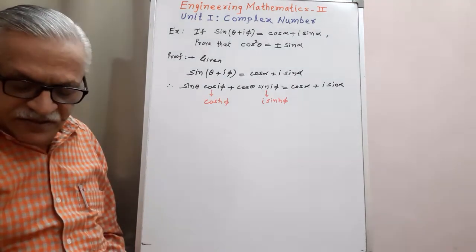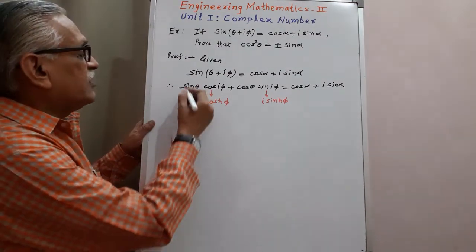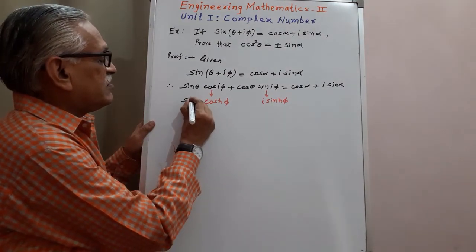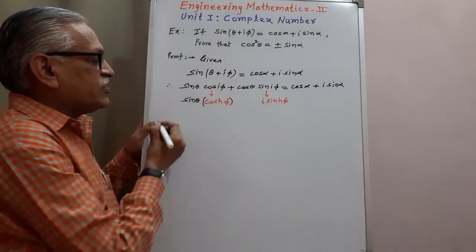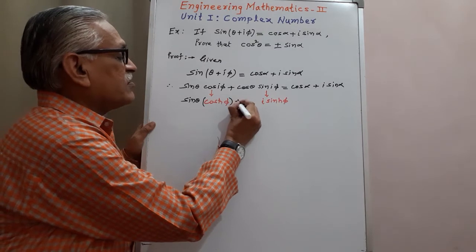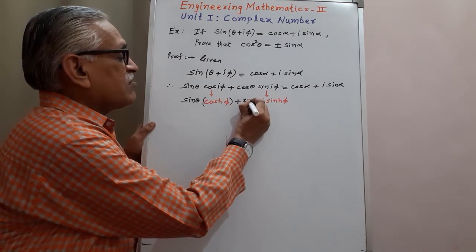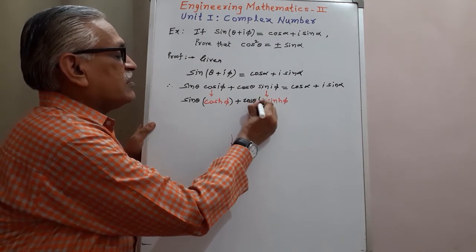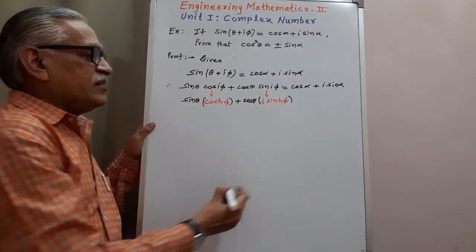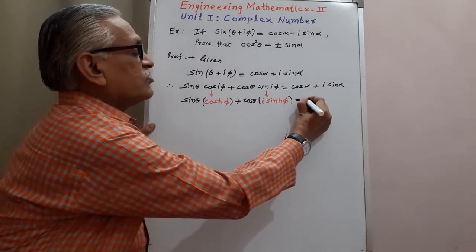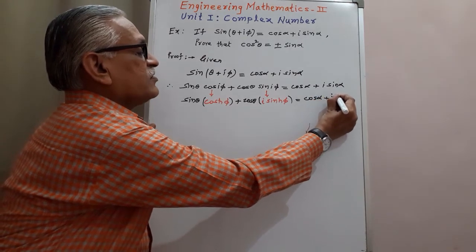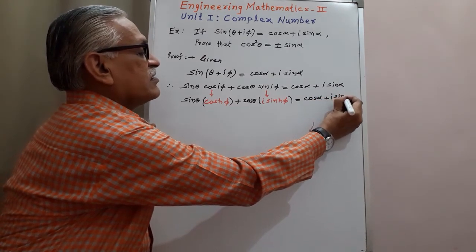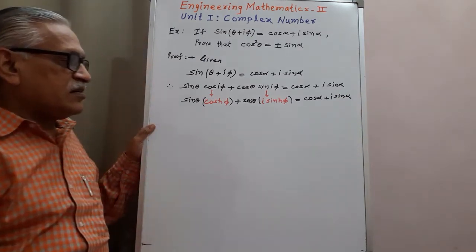Keeping other terms as they are, therefore sin θ into cosh φ + cos θ into i sinh φ is equal to cos α + i sin α.